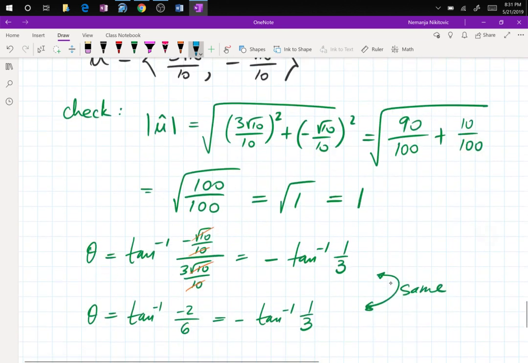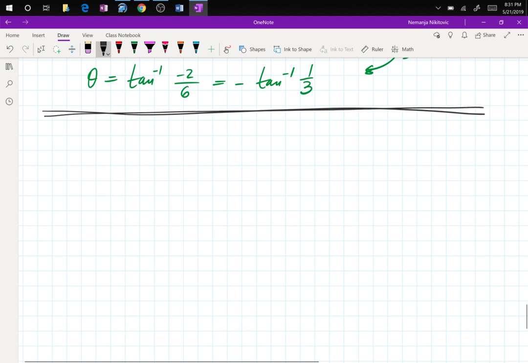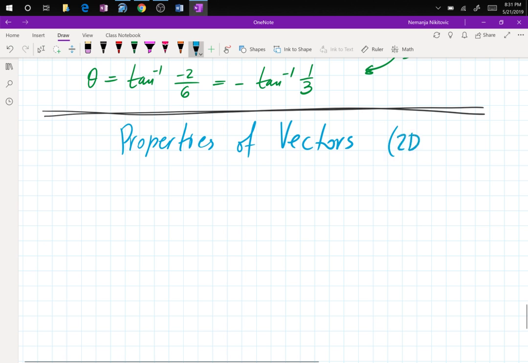Now at the end of this lecture, before we hit the break, I'm just going to put down 10 properties of vectors, and these will be the same for the next lecture. So I'm just going to say properties of vectors. You know what, I'm just going to say any dimension.